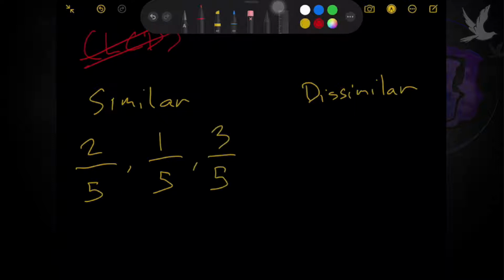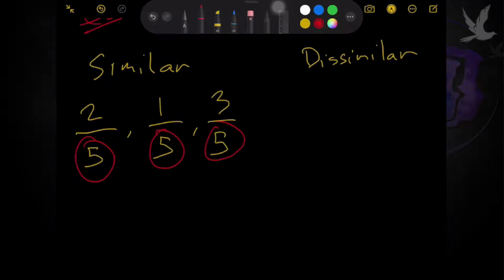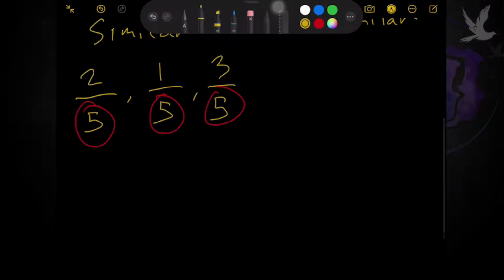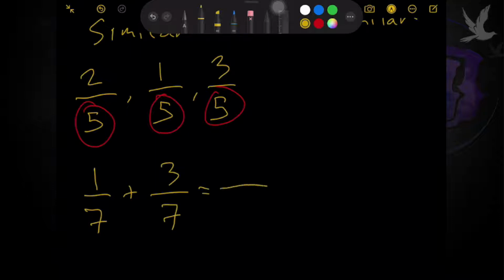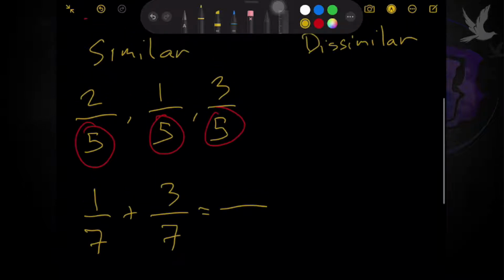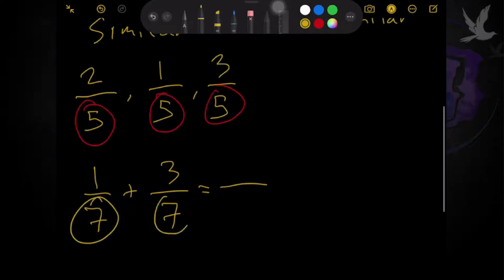So if you notice, their denominators are the same. So which means if meron tayong mga basic addition of similar fractions such as 1 over 7 plus 3 over 7, technically, when you are doing the similar fractions, all you need to do is just to take the denominator, copy the denominator, which is 7, and add or subtract depending on the operation given.